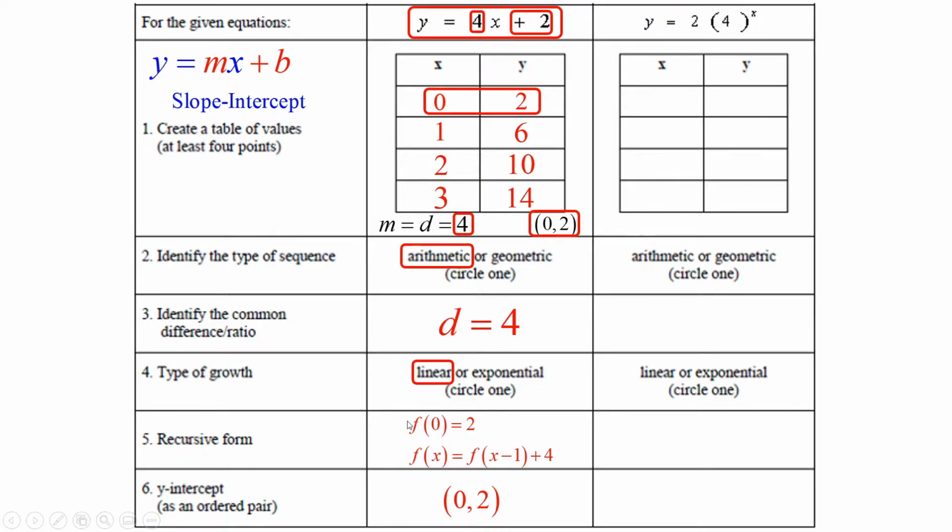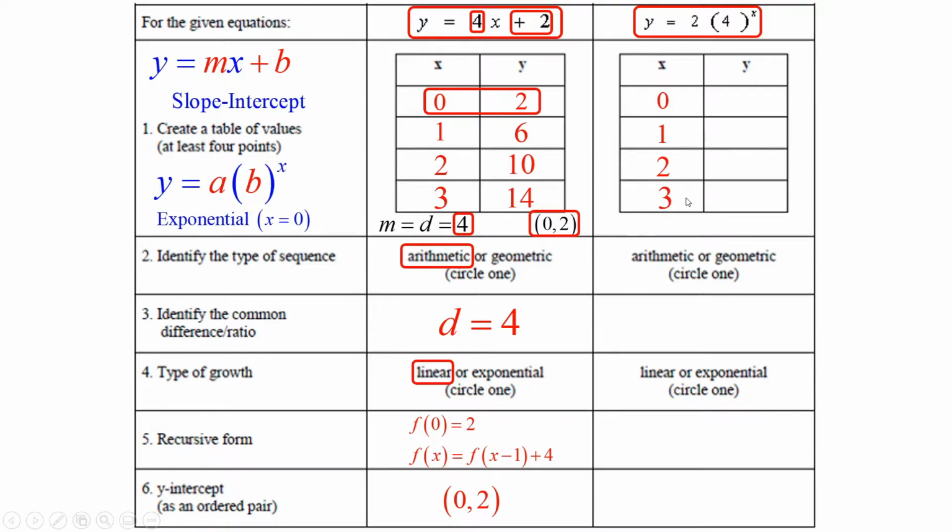Okay, now let's do the exponential function over here on the right. Y equals 2 times 4 to the x power. That's exponential. Y equals a times b to the x. Now again, my first x is going to be a 0 again. And let's keep it simple. How about we go 1, 2, and 3.